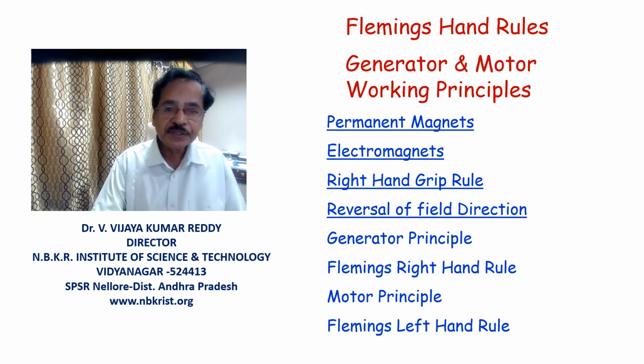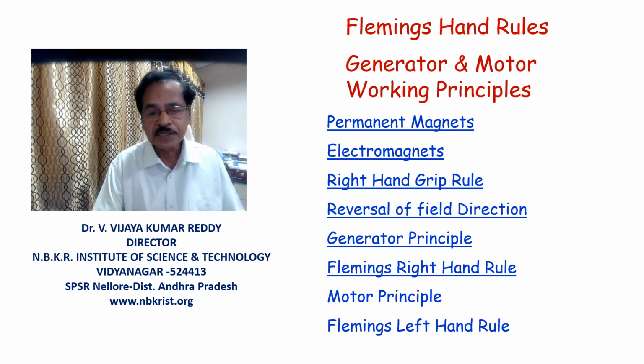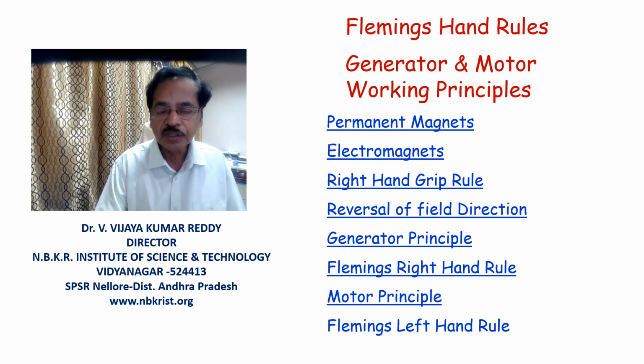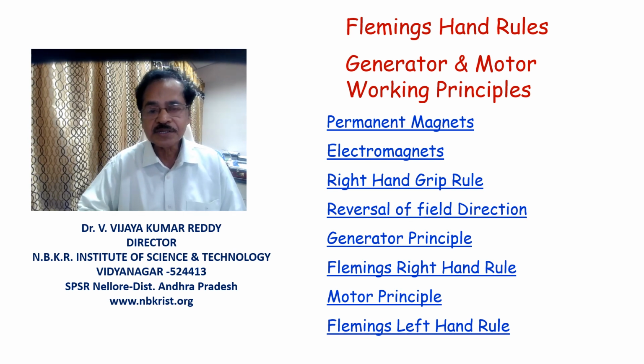We understood the generator principle and then applied the Fleming's right hand rule to this principle. We also have looked into the motor principle and applied the Fleming's left hand rule to this principle. This knowledge will help us in understanding the topics on electrical machines.